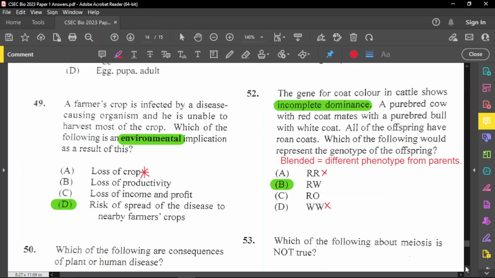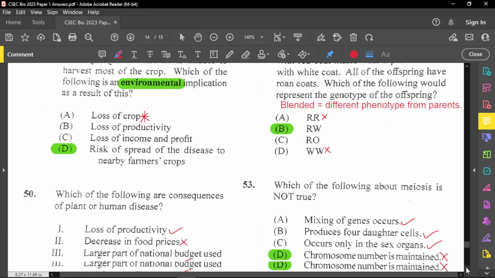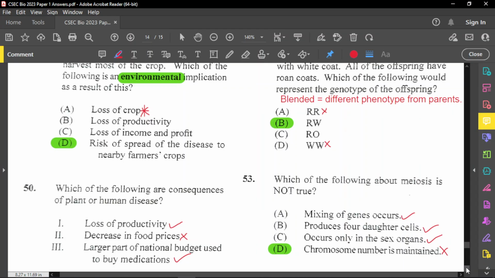But in terms of implication, you're implying something that is not directly suggested, so D is better because it serves as a risk of spread of the disease to nearby farmers' crops. And that will actually lead to pretty much extinction of that particular crop if it keeps spreading. So that's more serious than the farmer himself losing his crop. One farmer losing the crop is not that bad compared to many farmers losing their crops as it keeps spreading. All right, so D is the strongest one.